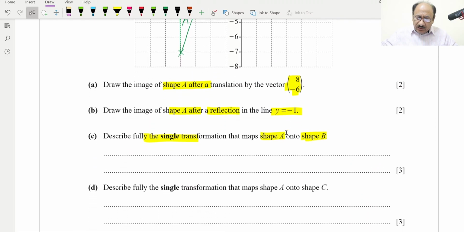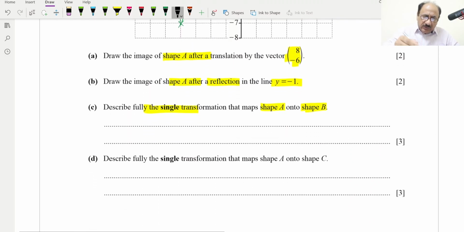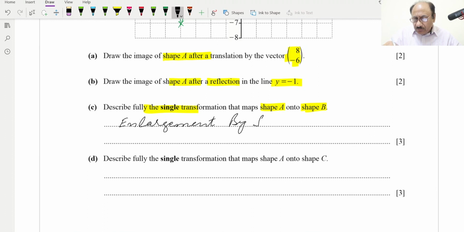So we can write it over here that this is an enlargement by scale factor 3, and the center of enlargement we can also provide, which is minus 5 and 5. You understood this? This is a 3 marks question.